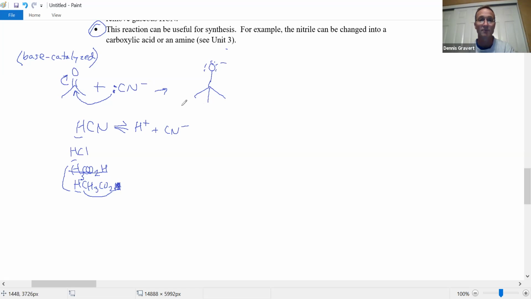The nitrile, I got my curved arrow pointing from the bottom, so you don't have to draw it on the bottom, but it makes sense to me. And then now we got a negative charged oxygen. We need an H plus from somebody, but all we have in the reaction is hydrogen cyanide. But that'll work. It's a weak acid, just like water was a weak acid in the hydration reaction. Our first nucleophilic addition reaction.